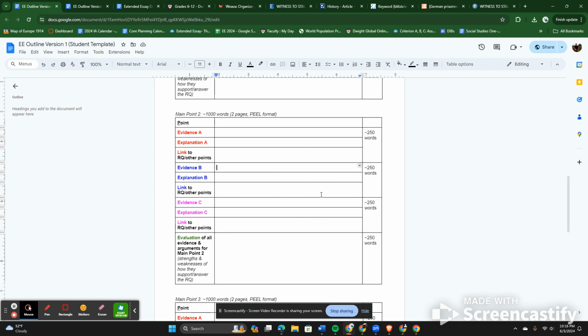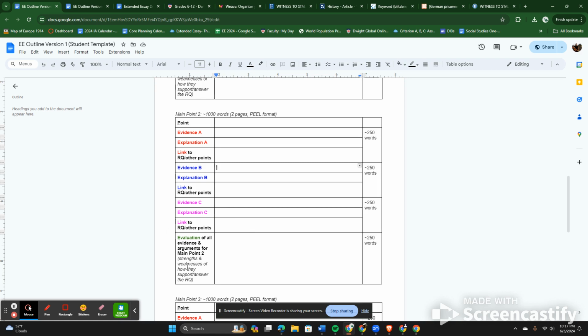Again, this is not a rule, but if you do it about 3 times, that means you have about 250 words per piece of evidence to explain it and link it, and then another 250 words to evaluate that. So what does all of this mean together?